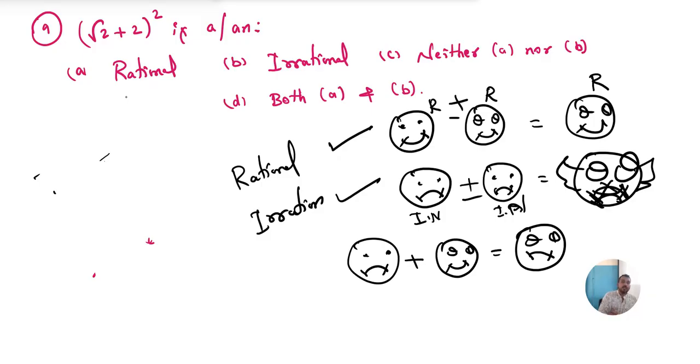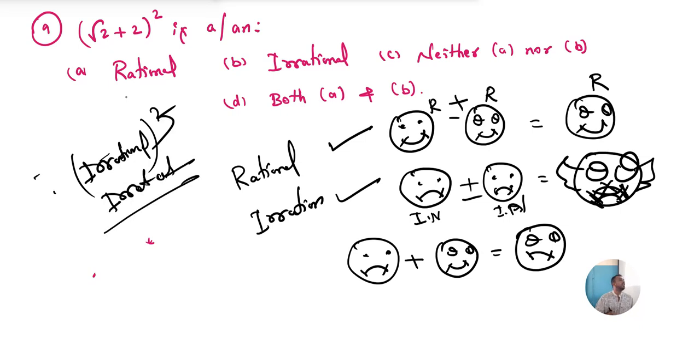Irrational number plus rational number is irrational only. एक गंदा बच्चा एक अच्छे बच्चे के साथ मिलेगा तो गंदा ही हो जाएगा. अब ये गंदे बच्चे को आप स्क्वायर करो तब भी वो गंदा ही है, इसको क्यूब करो स्टिल इट इज इरेशनल ओनली. सिंपल. एनी डाउट्स? Irrational number plus rational number is irrational. Irrational number whole square is also irrational only. Don't get confused.